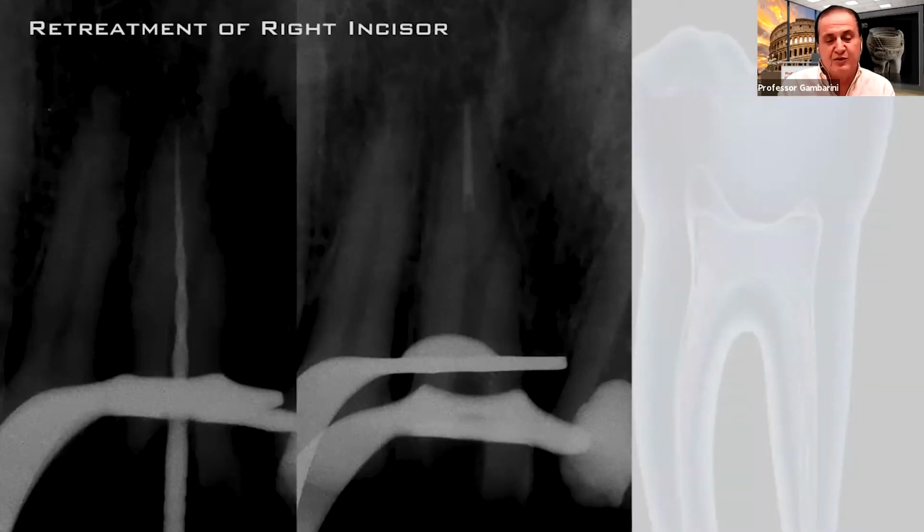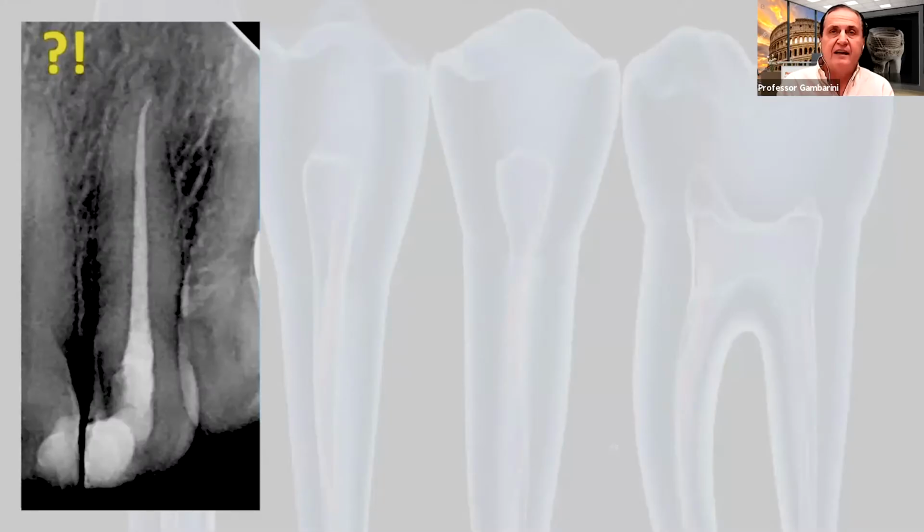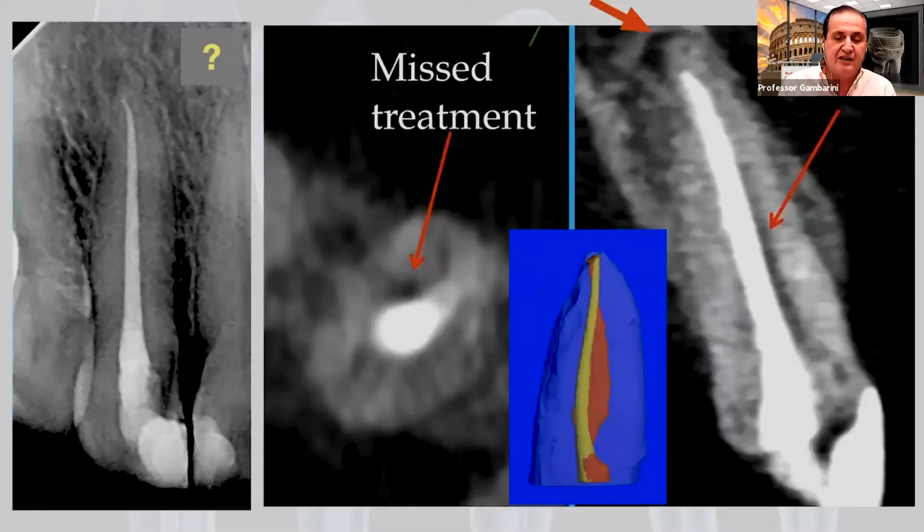For the other case, which was a little more complicated, we had to refine the original path and then also repair the perforation. This kind of situation we call mistreatment, meaning that a part of the root canal therapy inside a canal was not properly performed. We have a lot of such cases also because we don't see this kind of small lesion sometimes in a two-dimensional radiograph. Everything looks fine, but actually, if we make a 3D image, it's not the case.